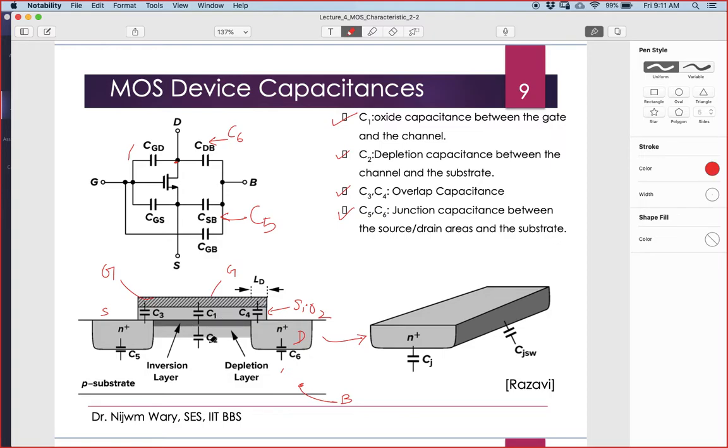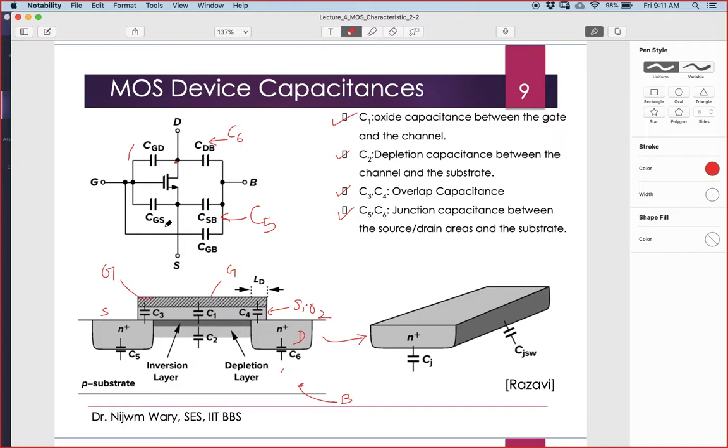One important thing to be noted is that these capacitances are dependent on the operating point of the device. If the device is in the linear region, the capacitance will be different, and if the device is in the saturation region, these parasitics will again be different.